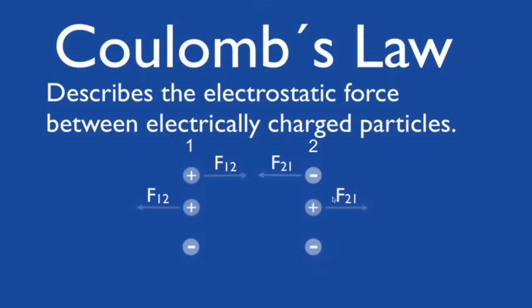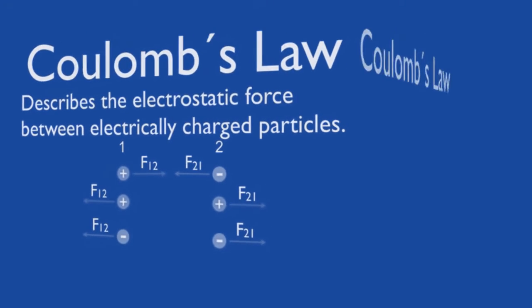The same goes if we have two negatively charged particles: they repel each other, and we would have F12 and F21. That's how we like to draw it. When we have a word problem, we usually make a little sketch, drawing the particles, the forces, and their directions, showing which forces are acting on each particle.